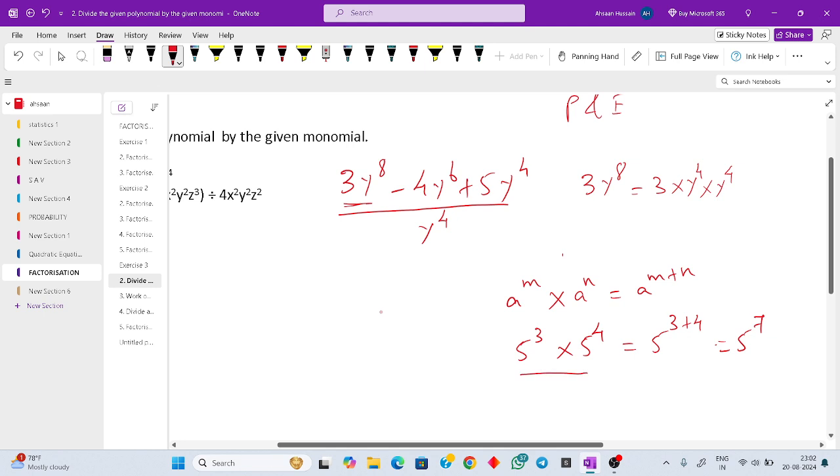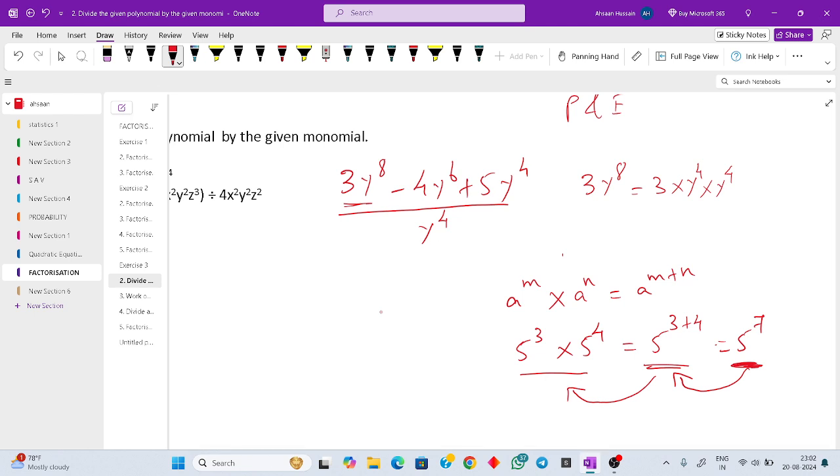So in a similar fashion, 5 power 7 can be written like this, and this one can be written like this. That's what I have done here.